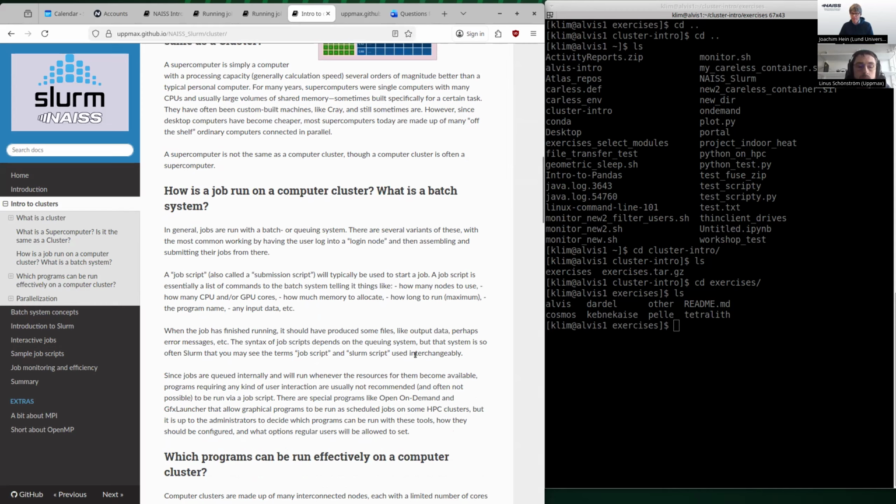Yes, and we have to know also that the syntax of the job script depends on the queuing system that you are using. In case of using Slurm, you can call it also a Slurm script.